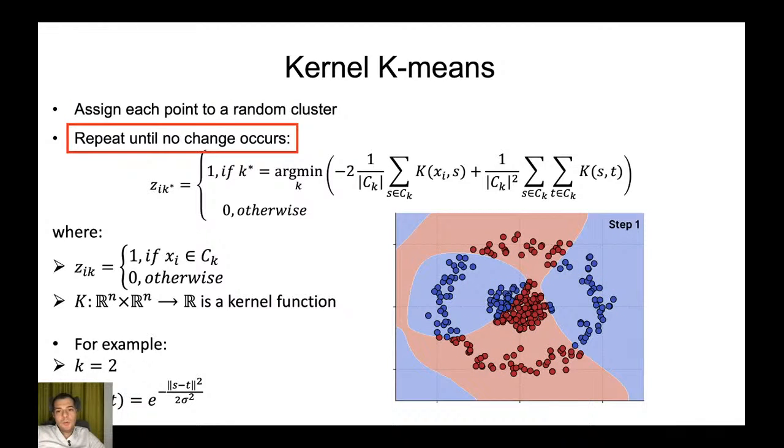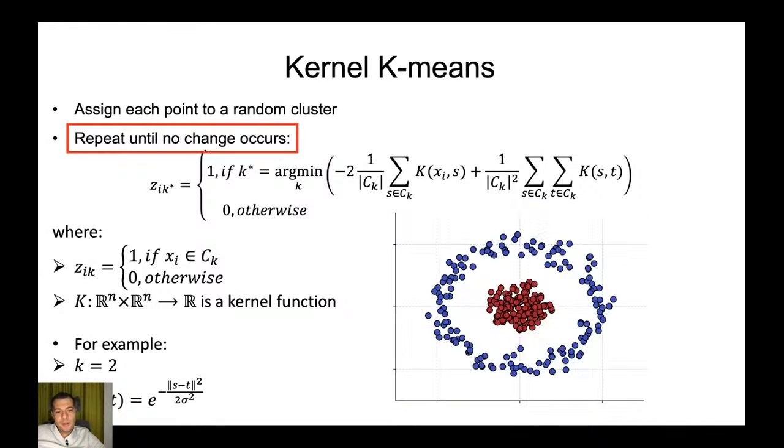Then you update the cluster assignments, and now the data points belong to the current clusters, and you repeat the algorithm, and it will converge to the solution that we desire. So using kernel k-means can output nonlinear clusters and can solve problems with clusters that look like this, that require nonlinear solutions.